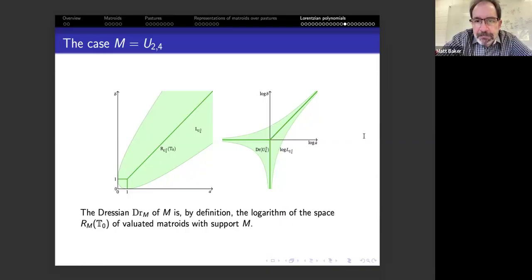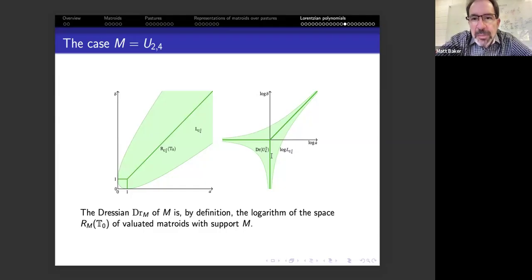And then the tropical line in dark green is the Dressian of U24, namely the space of valuated matroids. And by the way, just since I mentioned it earlier, why do you get 3 rays in the Dressian of U24?